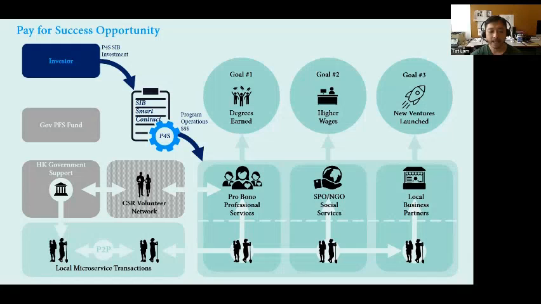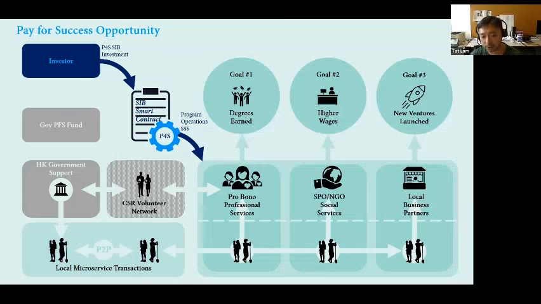So it becomes an outcome procurement fund from the government to really back this kind of upward mobility program in Hong Kong. And of course, for the pro bono service and the CSR volunteerism, there's a huge number of corporations and staff who are very willing to do volunteer work. They can become the network of this professional service. In Hong Kong, they have a mechanism called Section 88, a tax redeemable mechanism to redeem tax from volunteer workers.